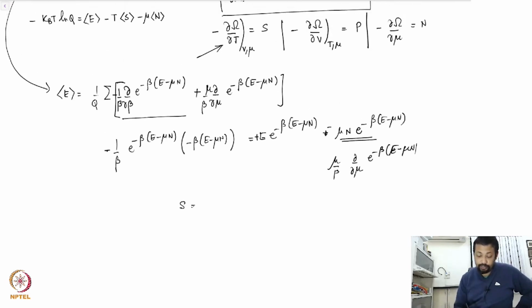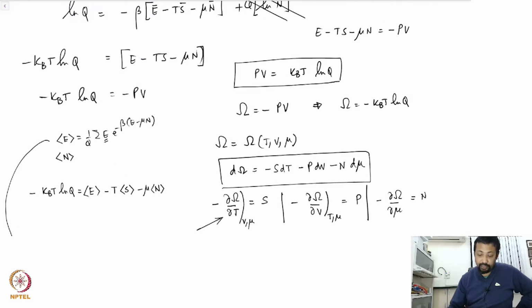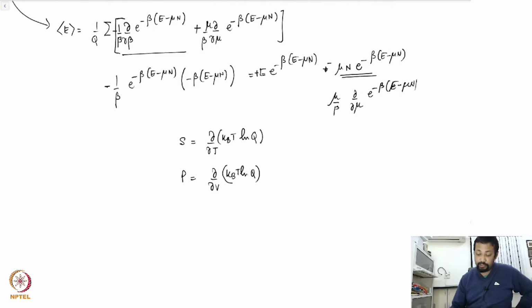So straightforward, S is going to be del del T of kBT ln Q. Pressure is going to be del del V of kBT ln Q, which is very straightforward to validate over here, because del del V of the left hand side gives you pressure, and the right hand side gives you kBT ln Q equal to the thermodynamic pressure.